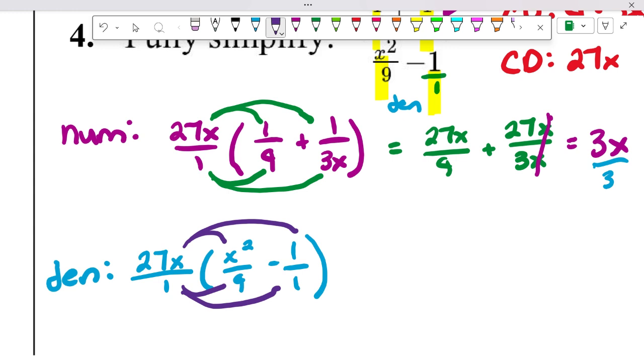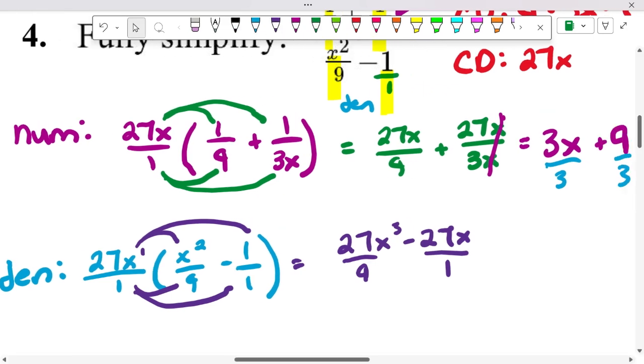So what's 27x times x squared? 27x cubed. Remember, there's a 1 here. You would add the exponents. 27x times 1 is 27x, but make sure you put that minus there. Then multiply 1 by anything, 9, 1.